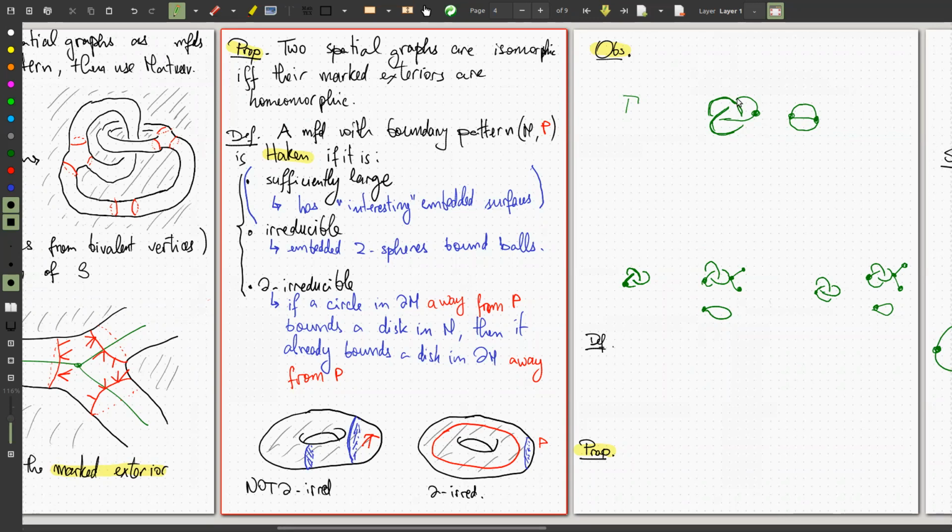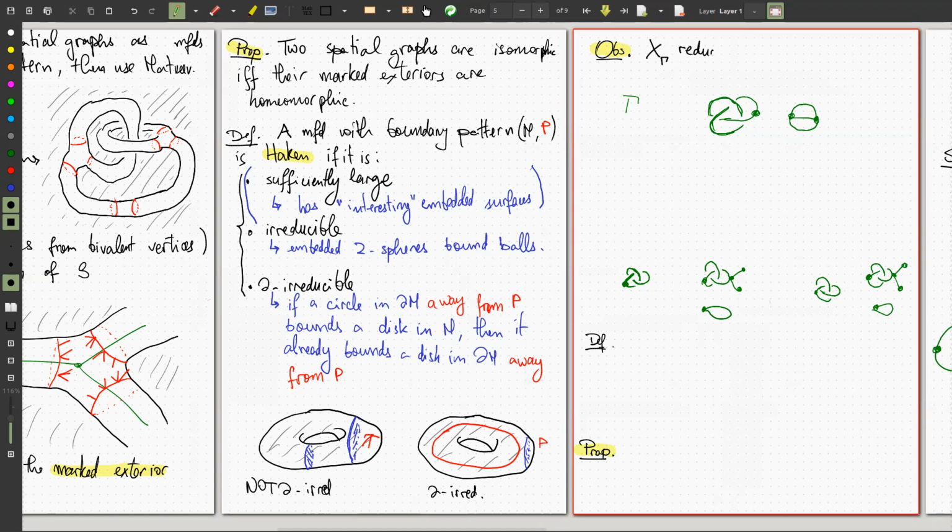Okay, so now what we have to do is think about when our marked graph exteriors satisfy all these properties, because that's when we're going to be able to apply Matveev's theorem. We begin with a very easy observation, which is that the marked exterior being reducible is the same as the graph being separable, in the sense that I'm about to explain.